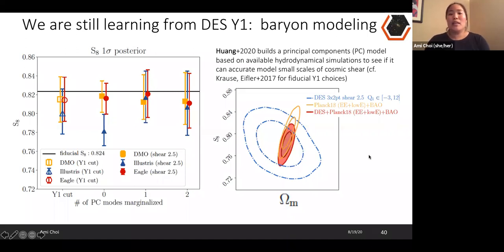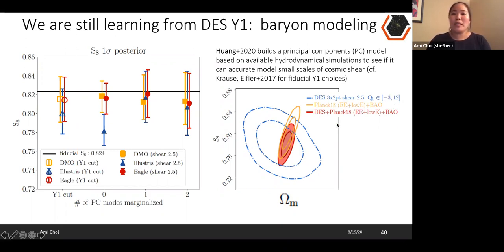And here's the result for omega matter versus S8 for the 3x2 point, with the shear going to including the smaller scales that were thrown out of the Y1 analysis. And this parameter Q, that's the first PC mode, and it's been given an uninformative prior, and so it calibrates itself.